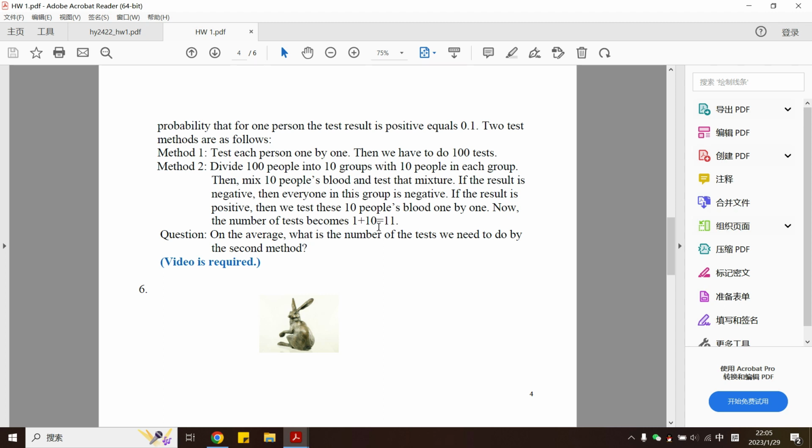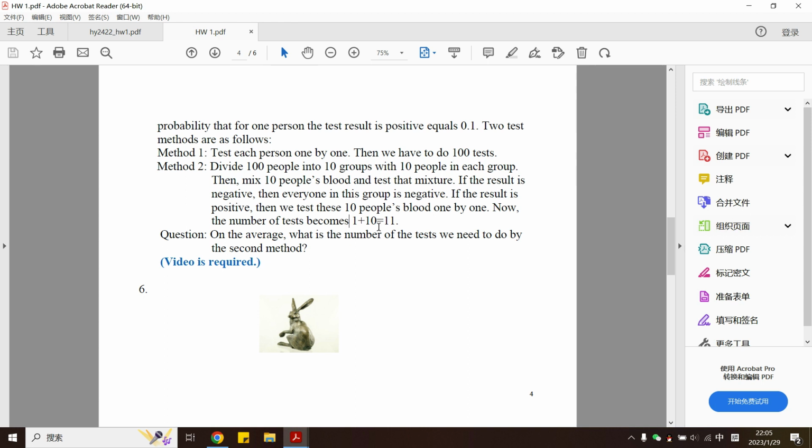We need to calculate the number of tests we need to do by the second method. In method 2, we divide 100 people into 10 groups with 10 people in each group, and then we mix 10 people's blood and test that mixture.